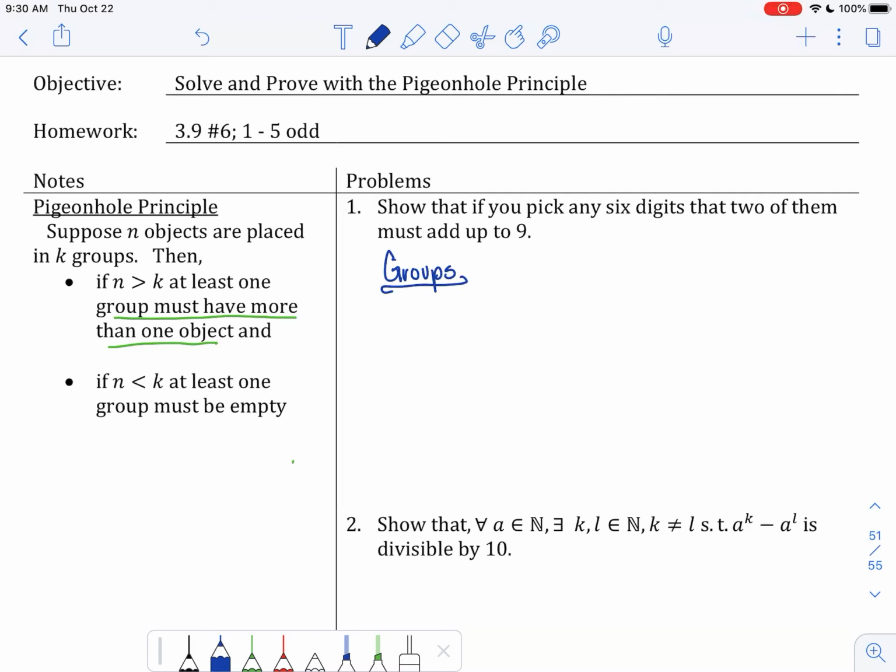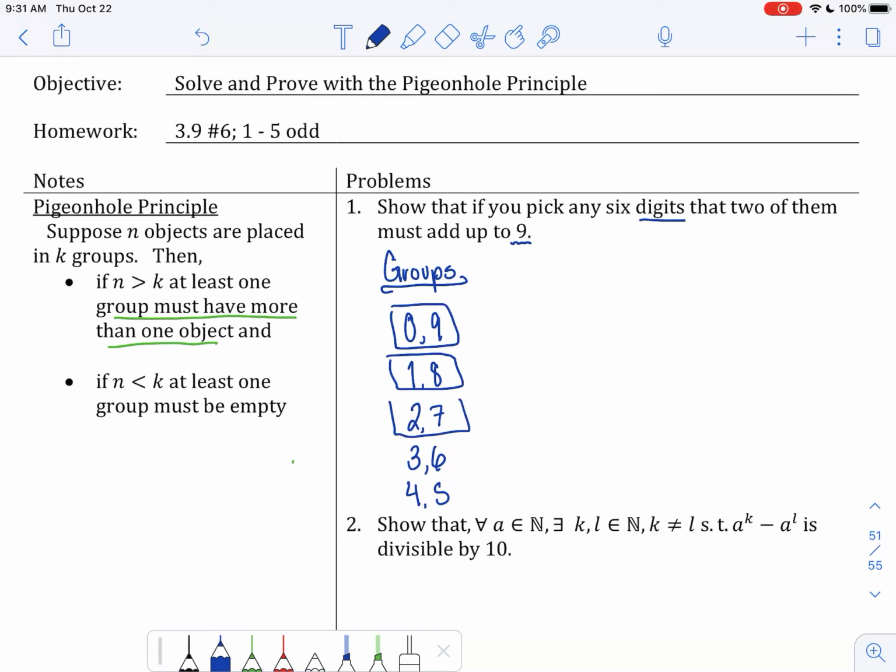In this case, we're thinking about digits that add up to 9. So my first group would be 0 and 9. Another group would be 1, 8, then 2, 7, then 3, 6, and 4, 5. So these are our groups that we have.